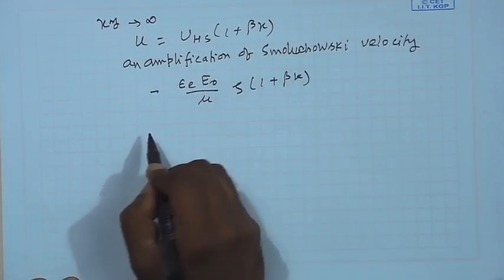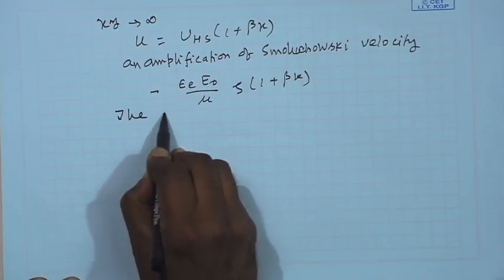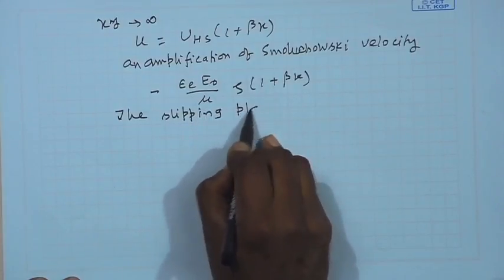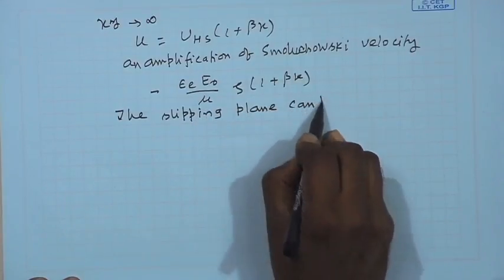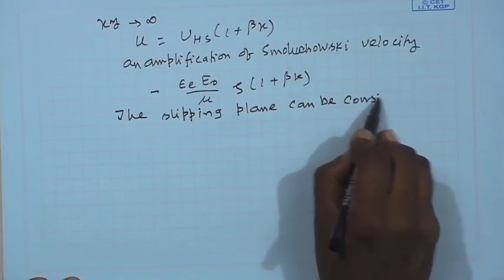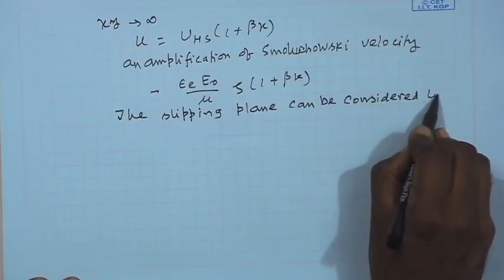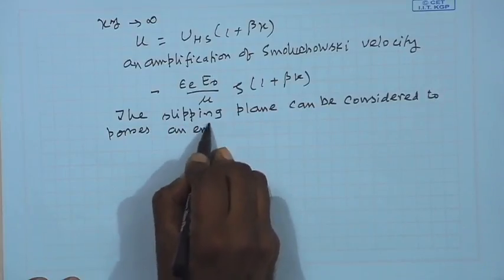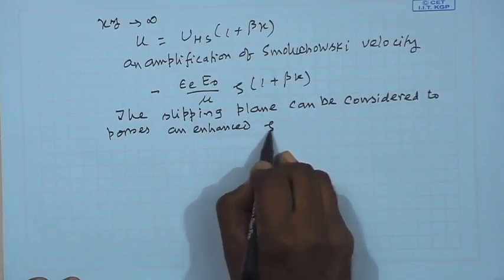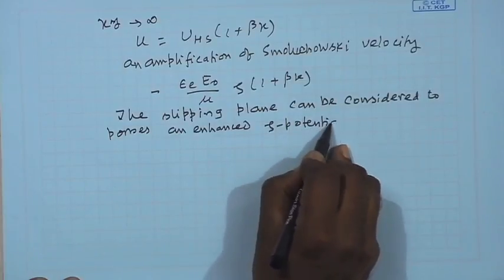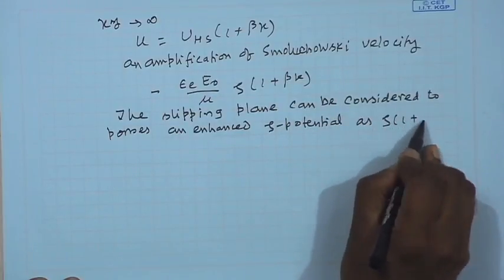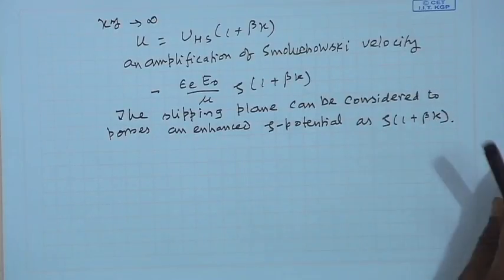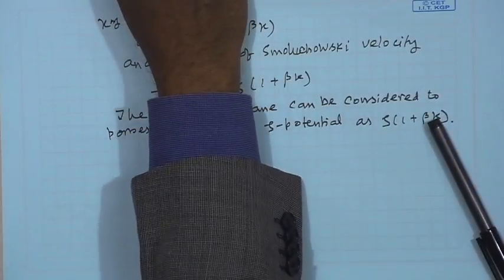So, in other words, the slipping plane enhances the zeta potential, as zeta into 1 plus beta kappa. So this is the advantage. That means our velocity is quite enhanced in this situation.